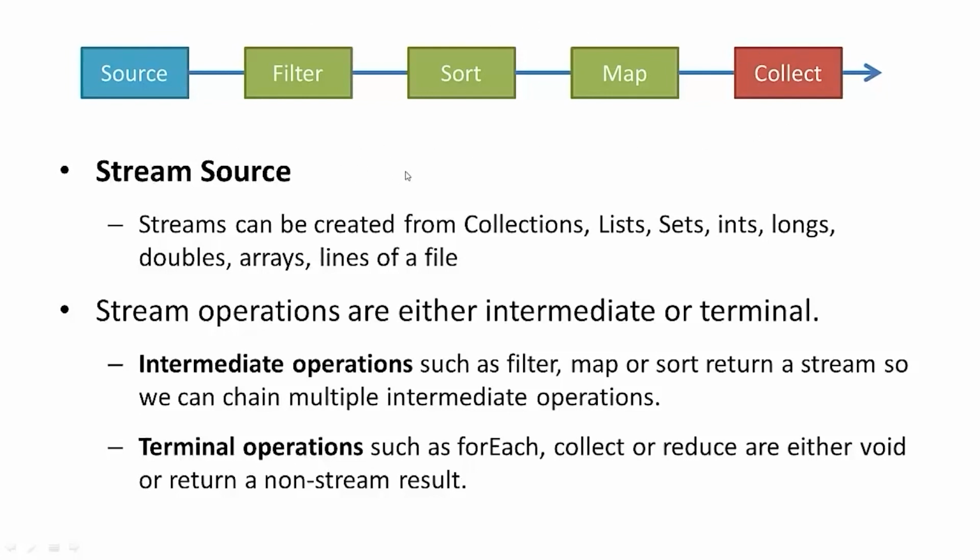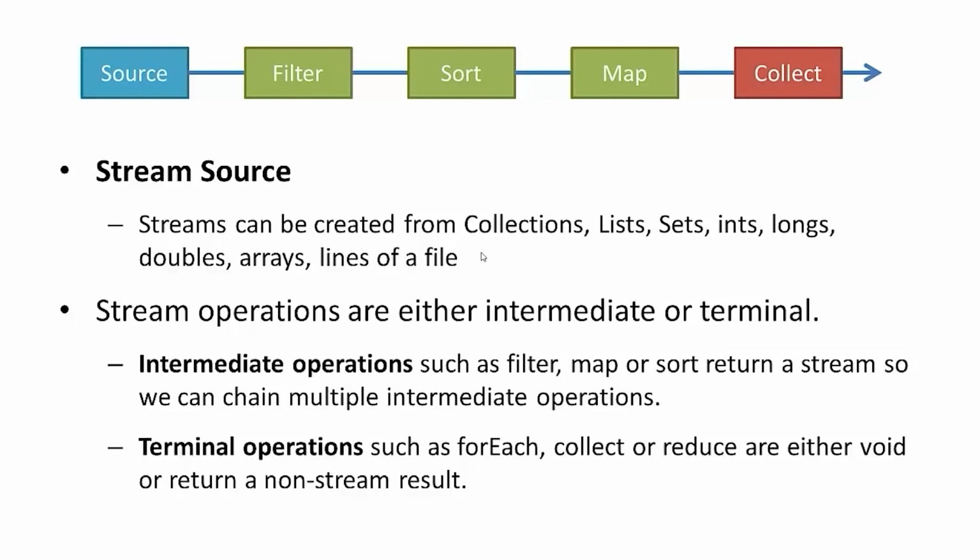A stream source can come from collections, lists, sets, arrays of ints, longs, doubles, strings, whatever. Stream operations are either intermediate or terminal. So intermediate operations like filter, map, and sort return a stream so that the next intermediate operation receives a stream.